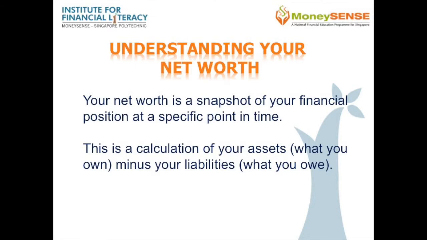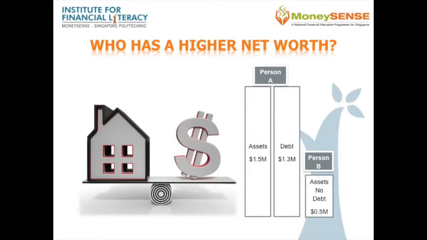Let's look at net worth. Do you know how much you are worth? Well, if you do not know, the simple formula is when you calculate your assets minus away your liabilities, that is your net worth. Basically, what you own versus what you owe. If you look at your screen right now, you notice that person A has higher assets and person B has no debt, although he has lower assets.